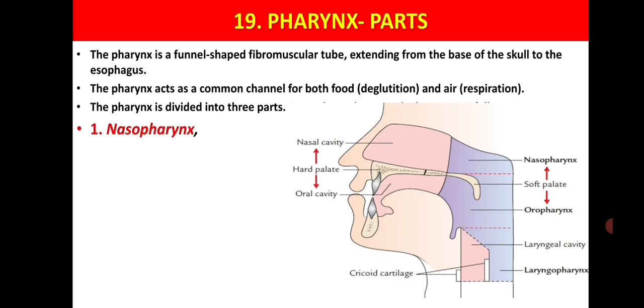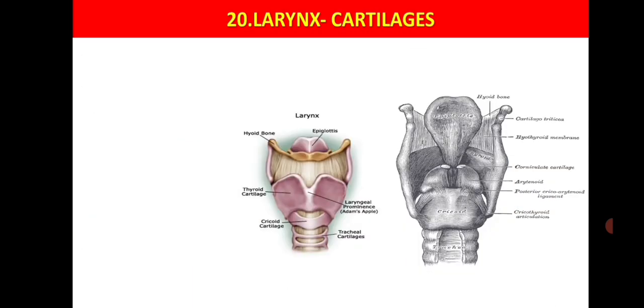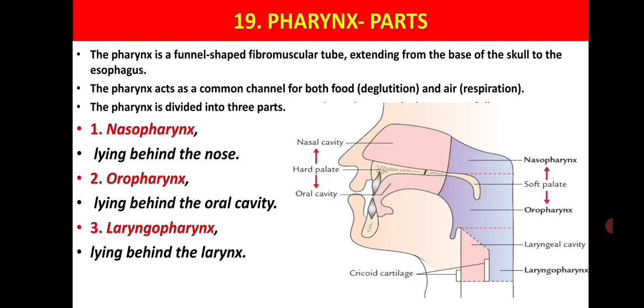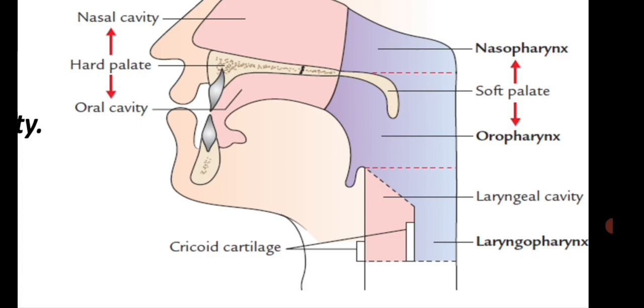The part of the pharynx behind the nasal cavity is known as the nasopharynx. The part behind the oral cavity is the oropharynx. The part behind the larynx is the laryngopharynx. In this image we can see the nasopharynx behind the nasal cavity, then the oropharynx and the laryngopharynx.